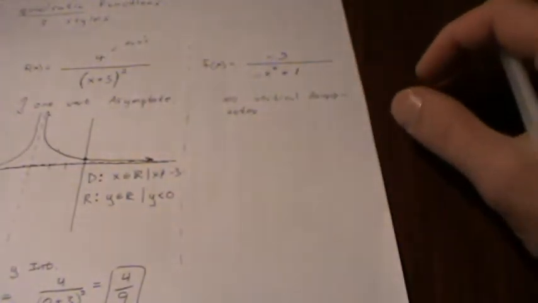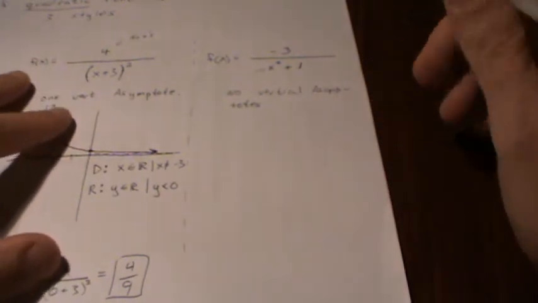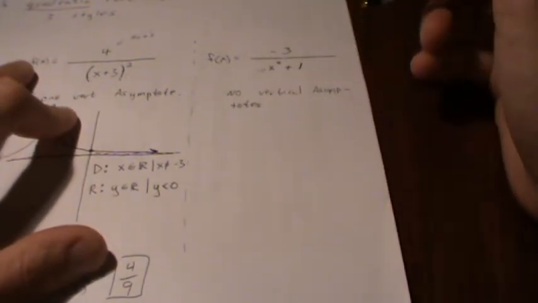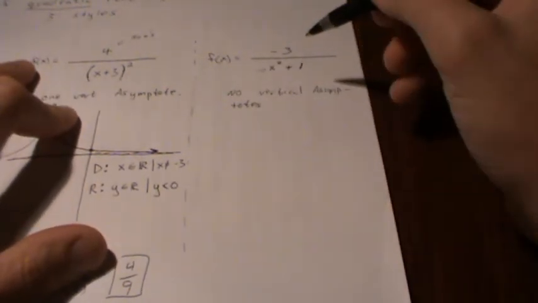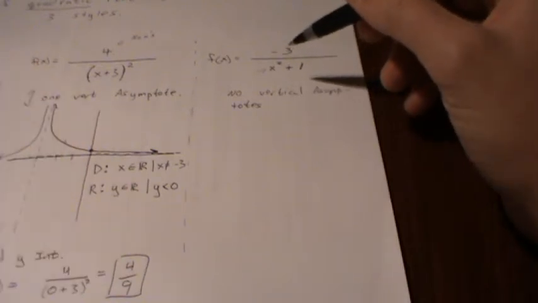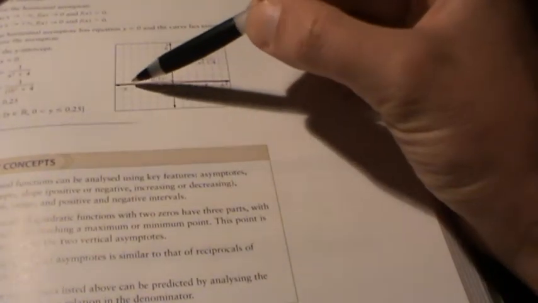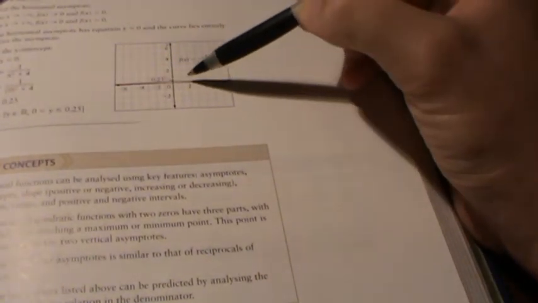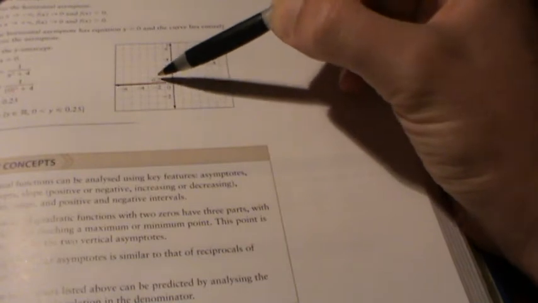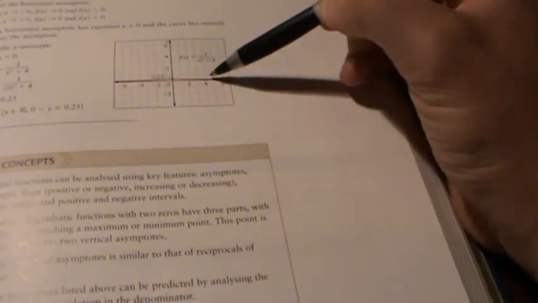Okay, and now in the end here, no vertical asymptotes. The ones with no vertical asymptotes actually look like, well, this is a pretty poor graph in the book, but they're with a little bump in the middle here. They have a bump that goes up like that.